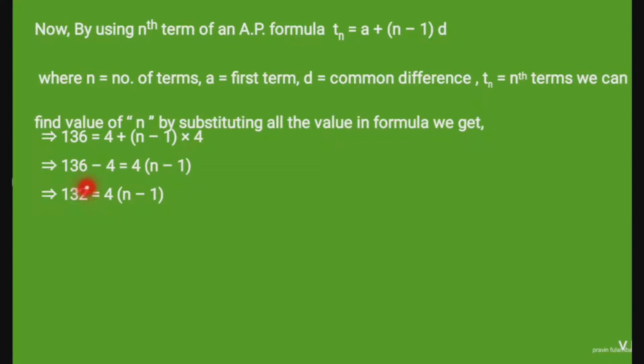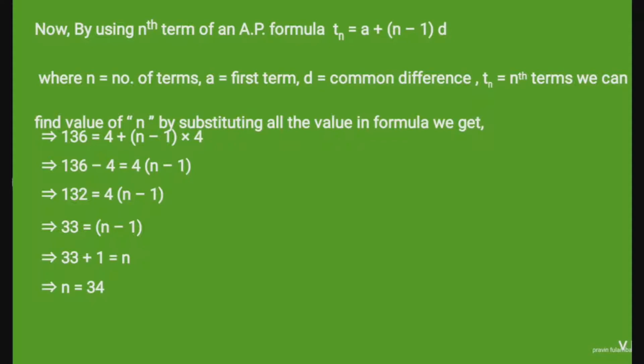Now 136 minus 4, we get 132. Now we divide 132 by 4, so we get 33. So n minus 1 equals 33. We require the value of n, so we transfer this minus 1 to the left hand side. We get n equals 34.